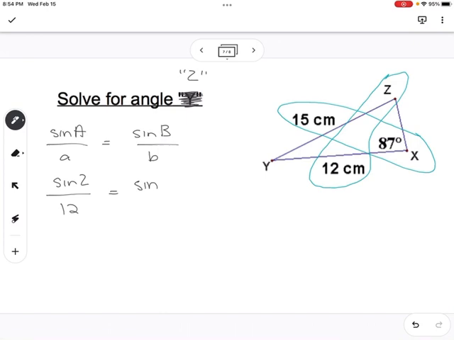Sine of angle X is 87 over side X, which is 15. So getting the sine Z by itself, we need to move the divide by 12 to the other side. We're going to multiply. 12 times sine 87 divided by 15.